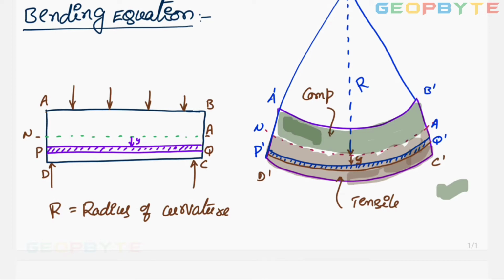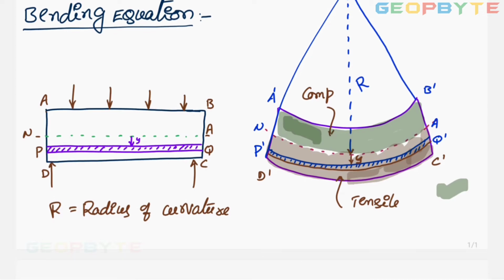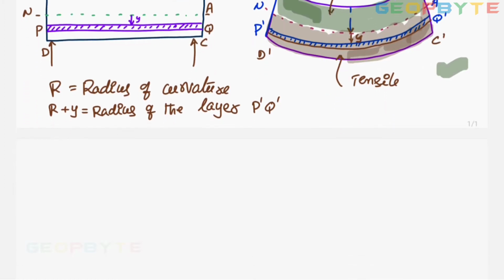Therefore, the radius for the P dash Q dash arc is R plus y, the radius of the layer P dash Q dash.